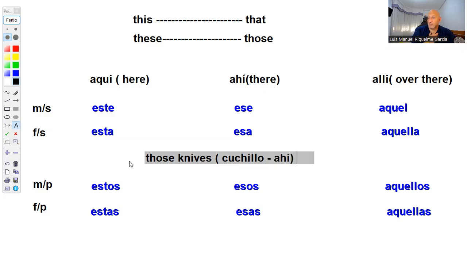Now it's masculine, it's plural, and they're in the middle. So masculine, plural, and in the middle, esos cuchillos. Esos cuchillos. Okay, so everybody following me? I hope so. Okay, there are 3 more words.